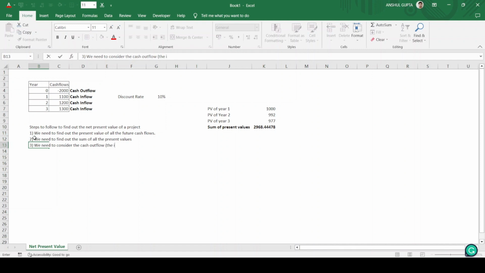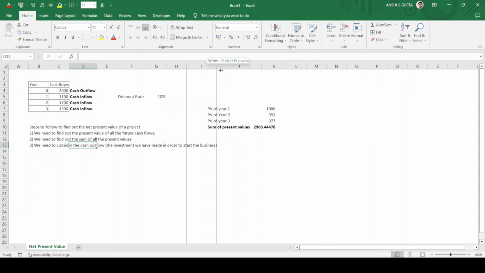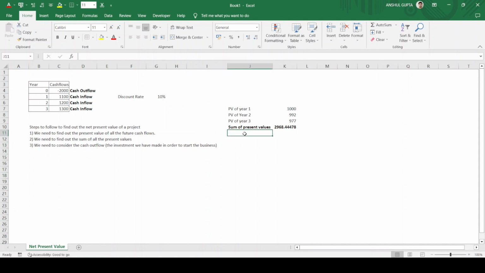Cash outflow is basically the investment we have made in order to start the business. So in our case, it is 2000 rupees. Moving forward, cash outflow, that is equals to minus 2000 in our case.